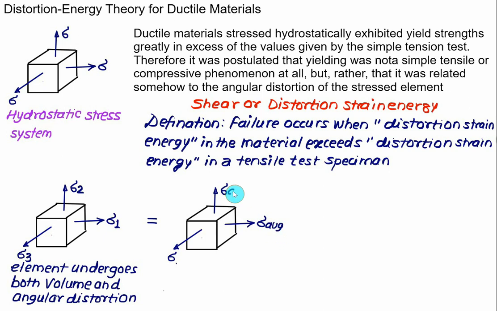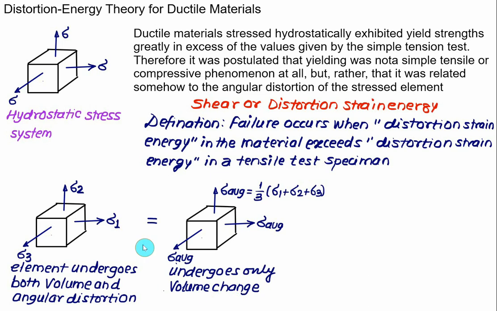If all the stresses are equal in magnitude, it represents a hydrostatic stress condition. This value of sigma average is the same as 1 by 3 of sigma 1 plus sigma 2 plus sigma 3. Due to the hydrostatic tension, this element will undergo only volume change.